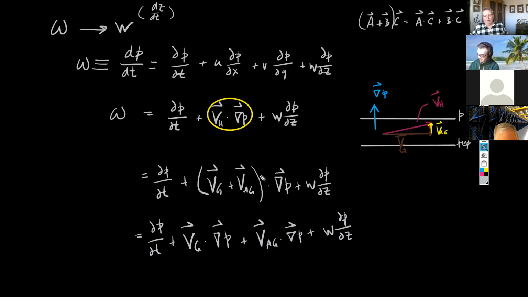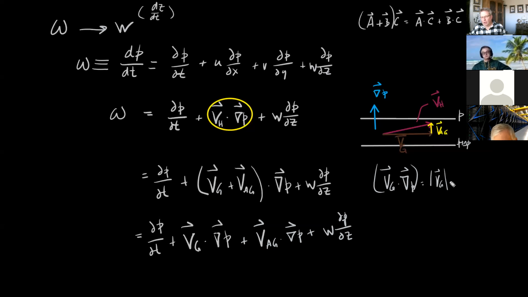Okay, now I'm going to write something up here, off to the side. Do you remember that this times this, those are two vectors, is equal to the magnitude of one times the magnitude of the other times what?